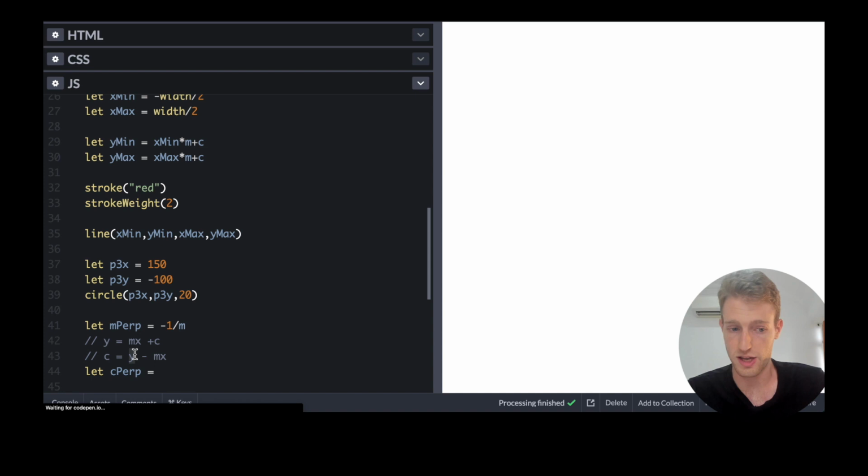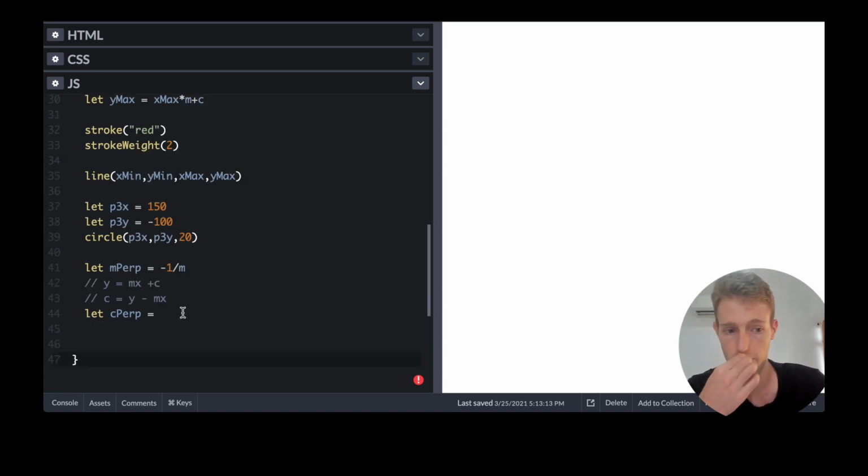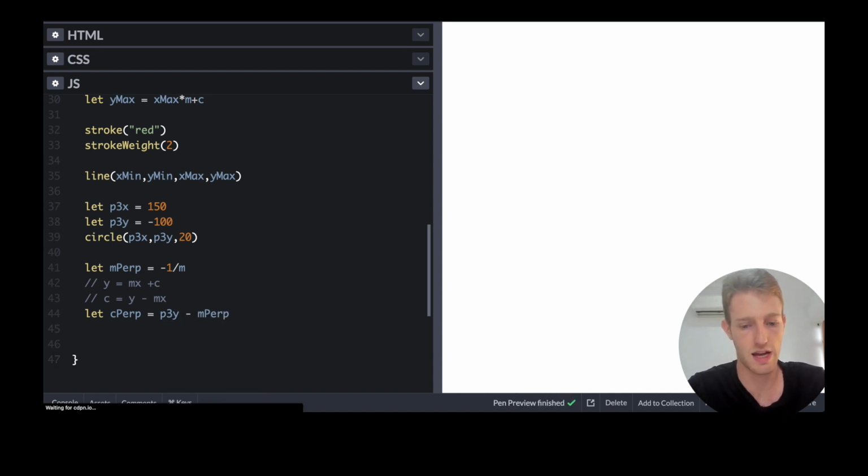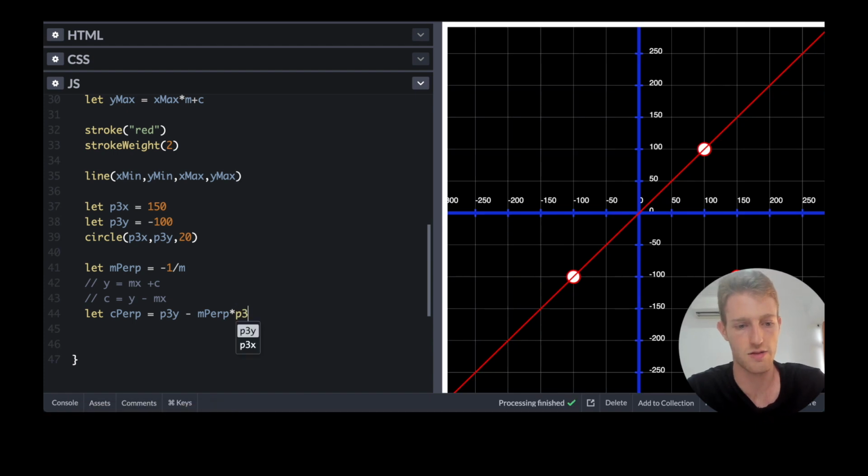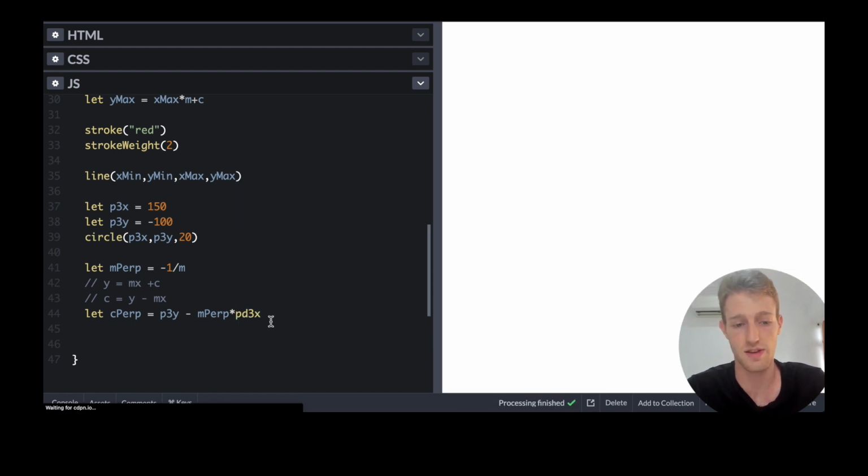We substitute in this point for y and x, and our m is m perp. So our c perp is simply going to be p3y minus m perp times p3x. Now we have this other equation of the line.